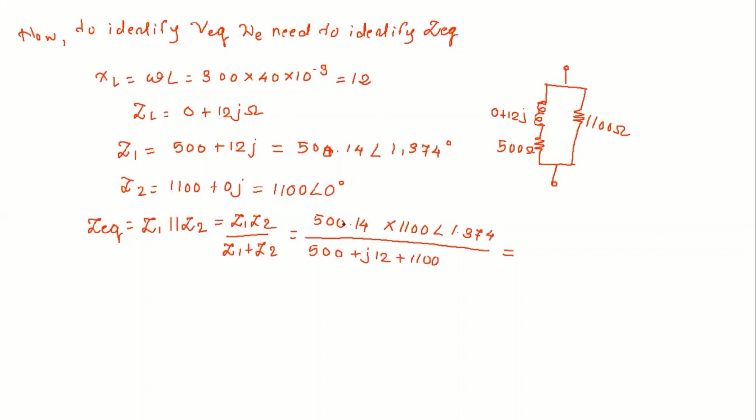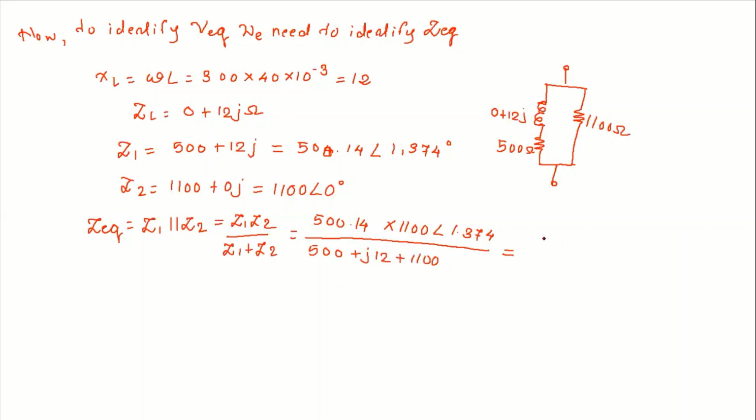Multiplication will be done among 500.14 into 1100, and addition will be done across the angular values. The angle for 1100 is 0 degree, and for Z1 we have angle 1.374.